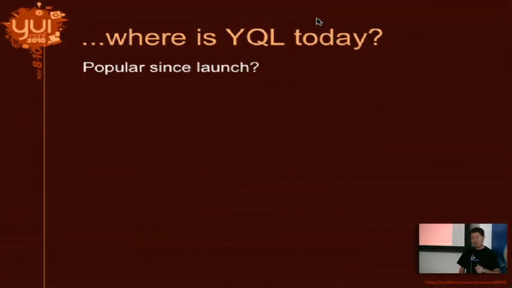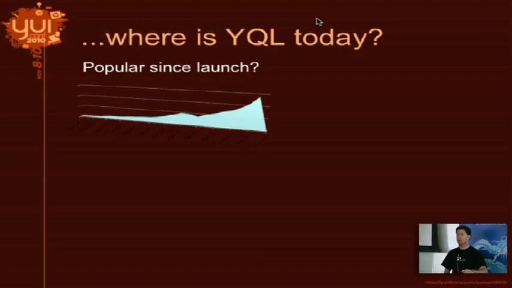So where are we today? Where is YQL today? Well, how popular do you think it is? It's launched over a couple of years. We had few table requests when we launched, and this is how popularity of YQL stacks up over the last year and a half plus.